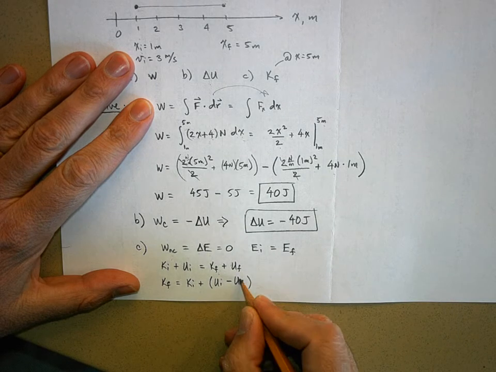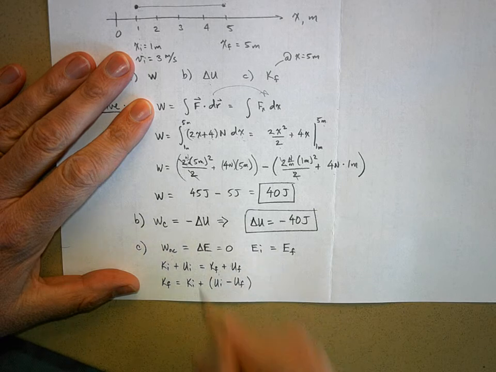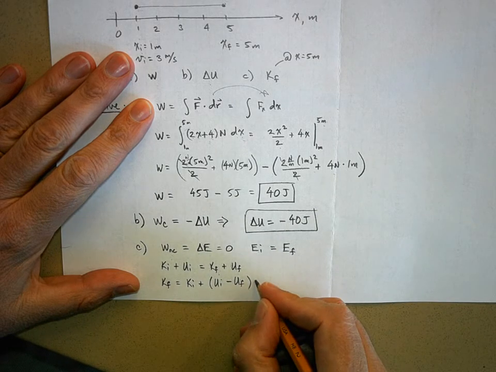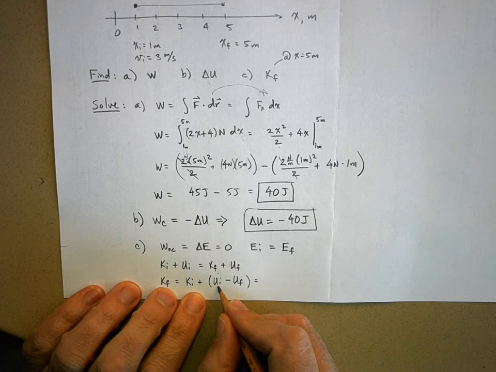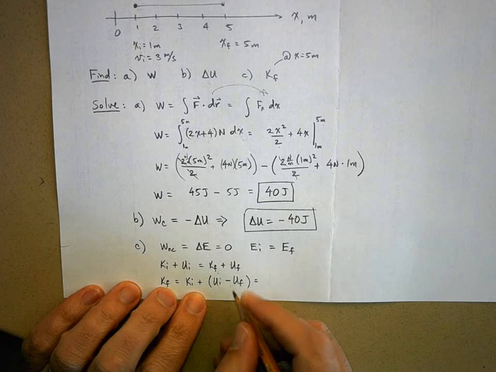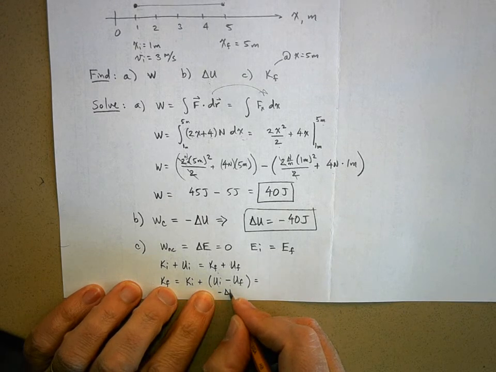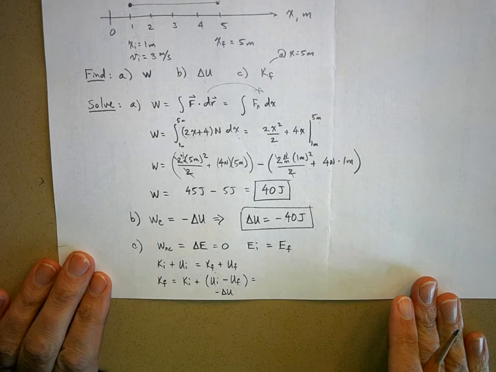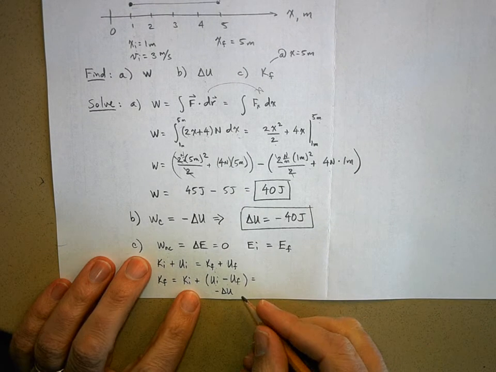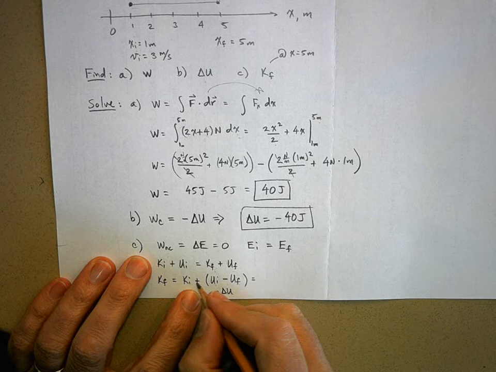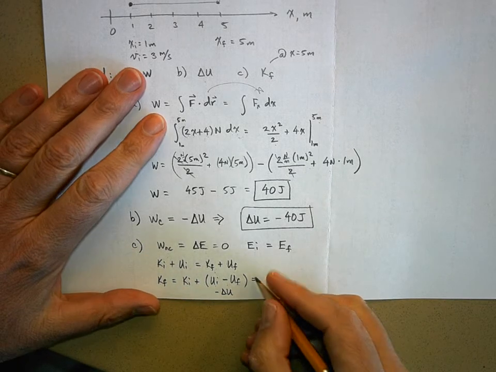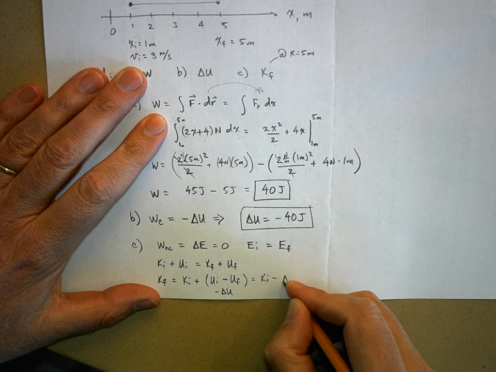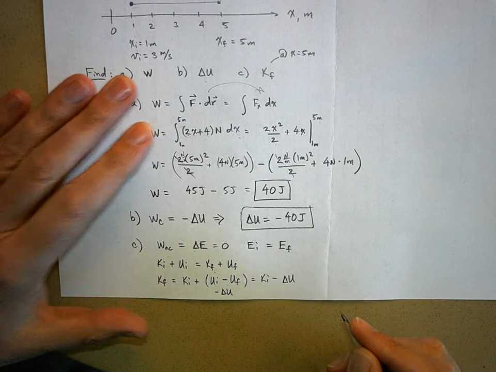All I did was add this to the other side. Well, U initial minus U final is basically negative delta U. So this is K initial minus delta U.